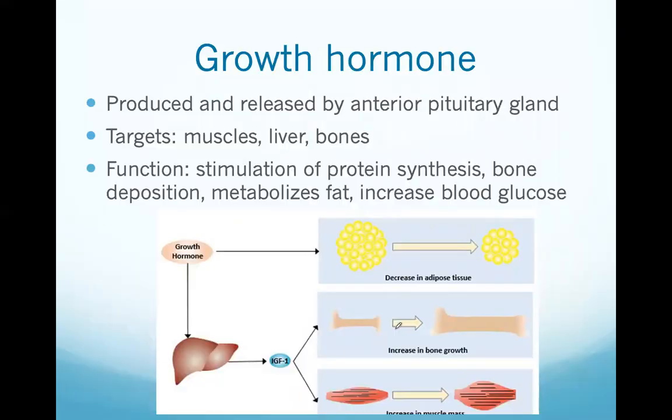So we're going to start by looking at our growth hormone. Growth hormone is essential for children, in that if it is low or high, it can make a significant change in that individual's features.